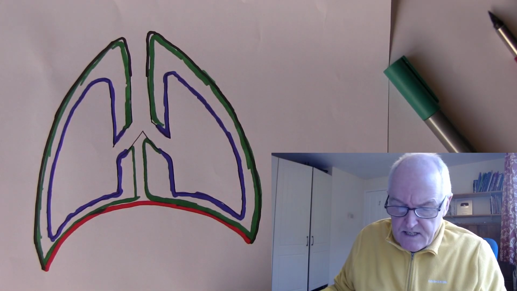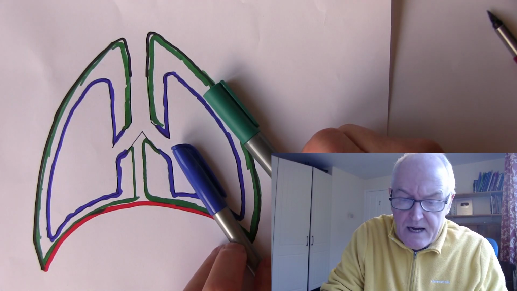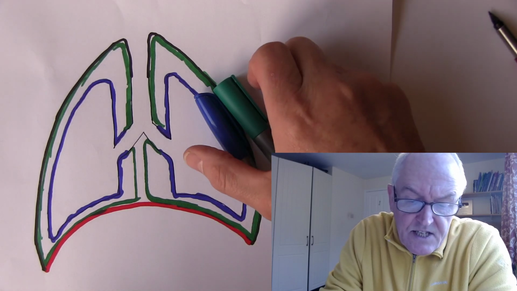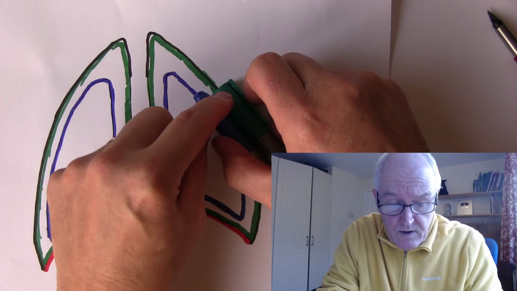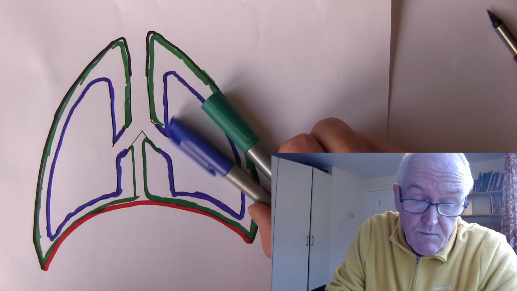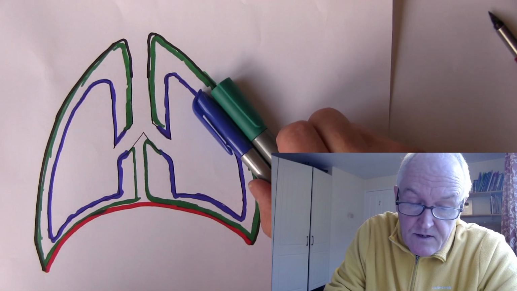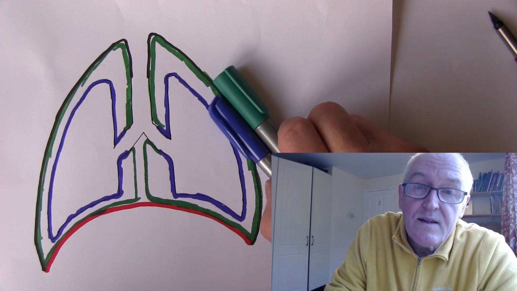So what this means is that when the parietal pleural membrane moves out the way, then the visceral pleural membrane is sucked onto it. So because it's sucked onto it, the two will move together like that. And as they move, they're going to move relative to each other like that as well.